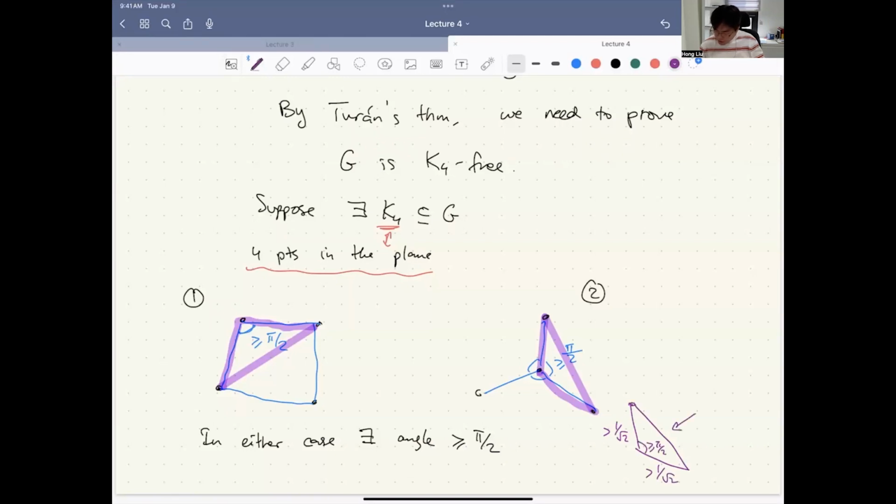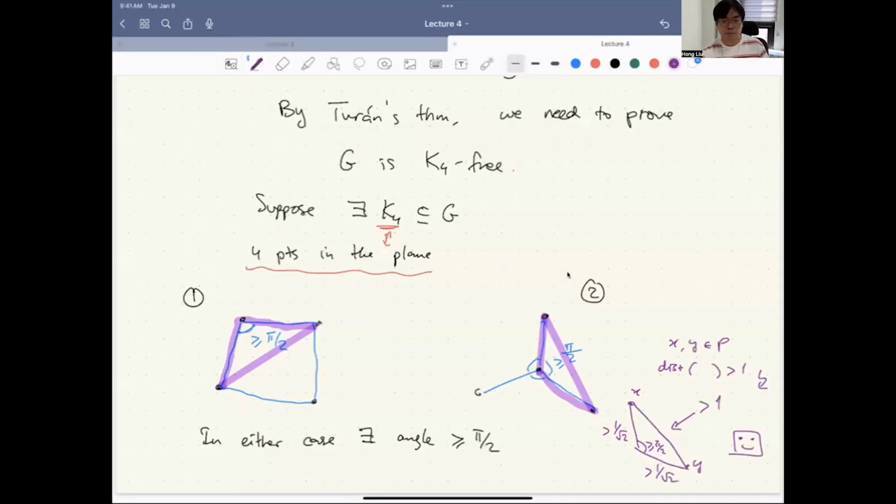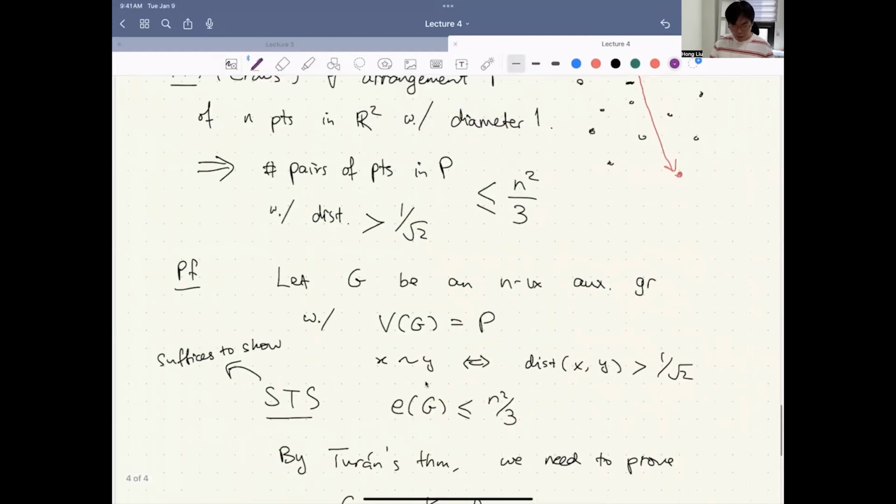That implies this edge is strictly bigger than 1. So you find 2 points x, y in P, but the distance is strictly bigger than 1. That's a contradiction, finishing the proof. Remember, our diameter is exactly 1. Any questions? It's a nice, cute application.